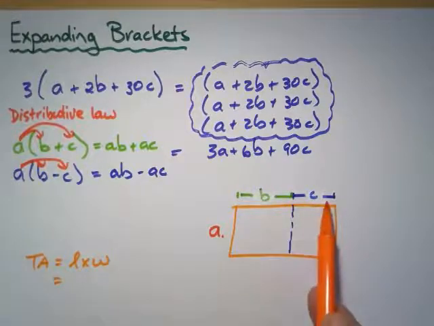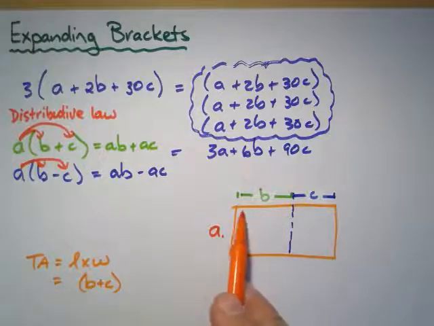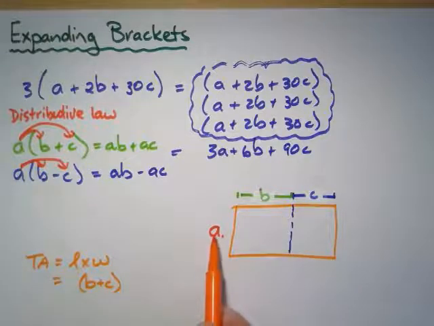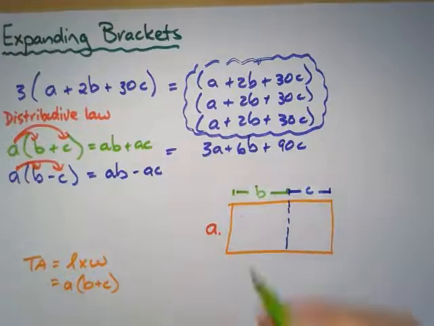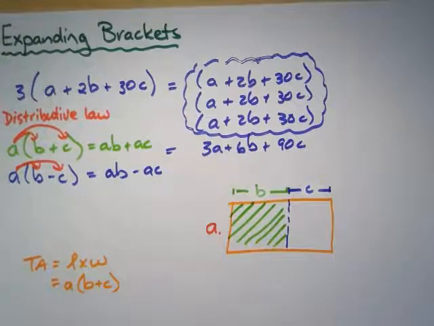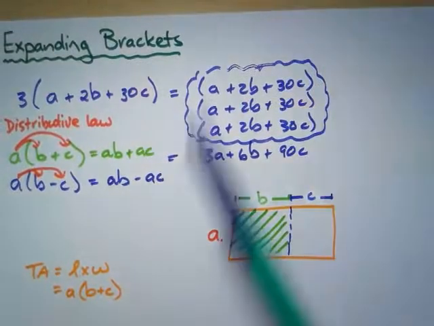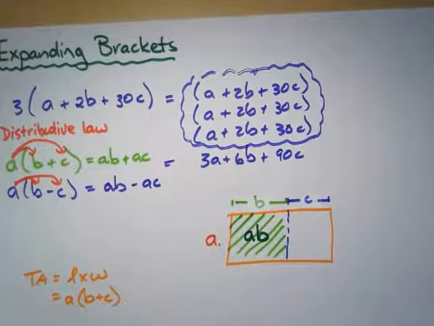The length is B plus C. So that's the length multiplied with A, which is the width. A times B plus C. We don't know what B is, we don't know what C is. Now, forget about the total thing. If we only look at this bit, what is the area of this bit? That bit is pretty straightforward, A times B equals AB.